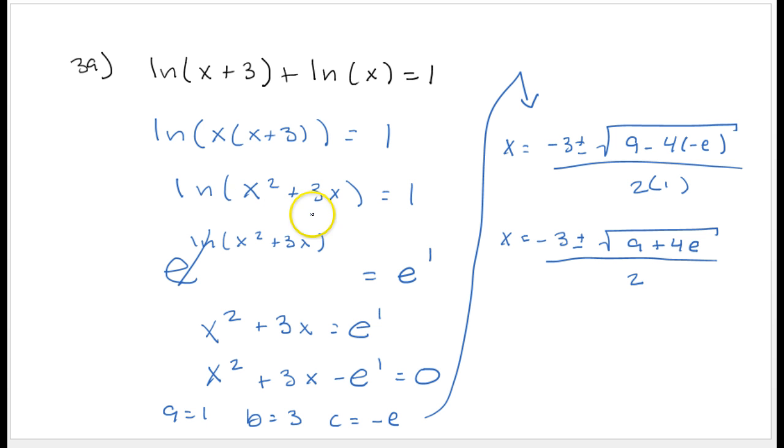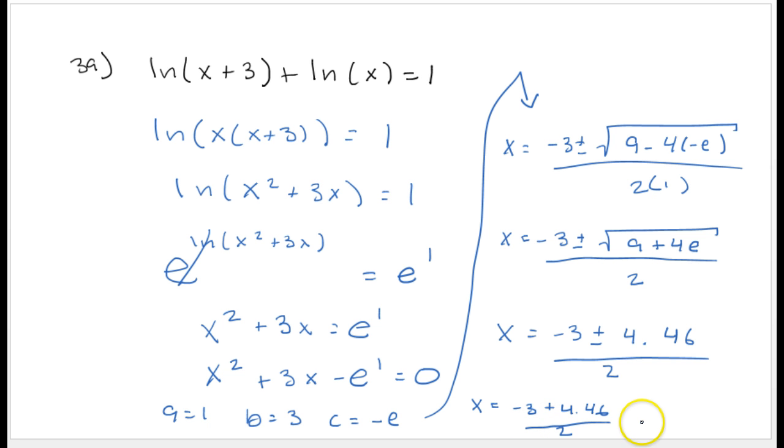Once I punch those values into my calculator, I end up with x is equal to negative 3 plus or minus 4.46 over 2, which means I'm going to have two values. X is going to equal negative 3 plus 4.46 over 2, or x is going to equal negative 3 minus 4.46 over 2.